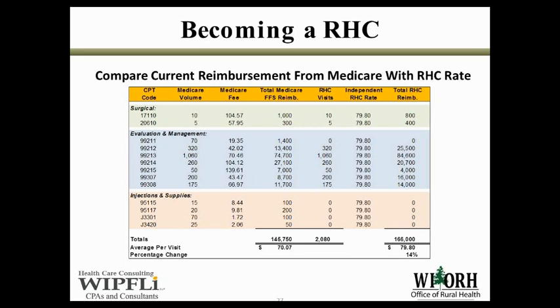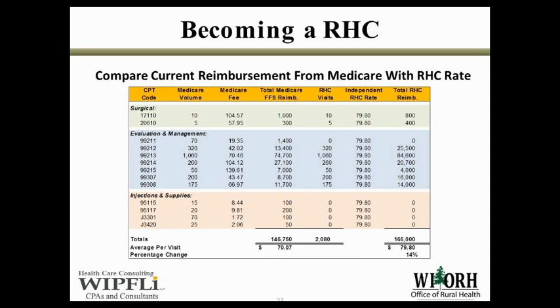On slide 27, we've identified a sample, and it's a bit simplified, of what we would go through in terms of identifying what the potential reimbursement implications might be of becoming a rural health clinic. And quite simply, this example demonstrates that we would compare the traditional fee-for-service reimbursement rates with what the clinic could expect to receive under a cost-based system.